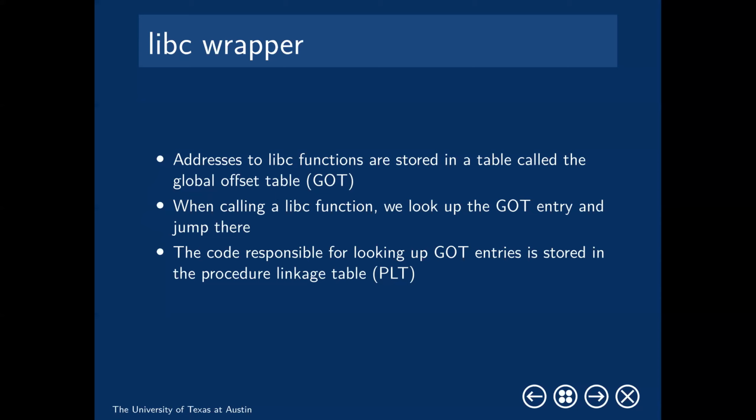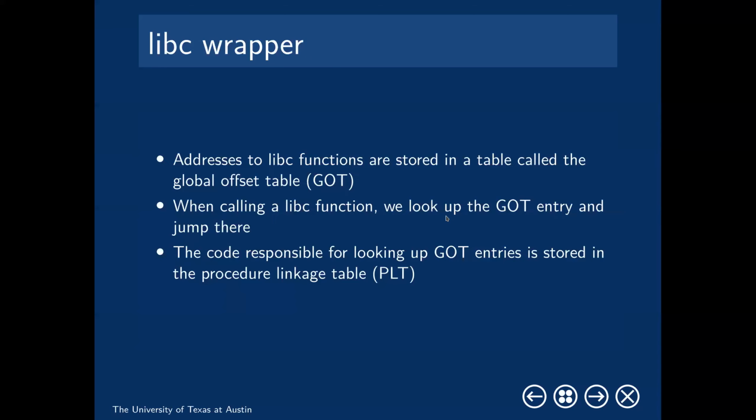When the binary needs to call a libc function, it looks up the address of that function in this big table, and then it just jumps there. And the PLT is the code that's responsible for looking up these global offset table entries.